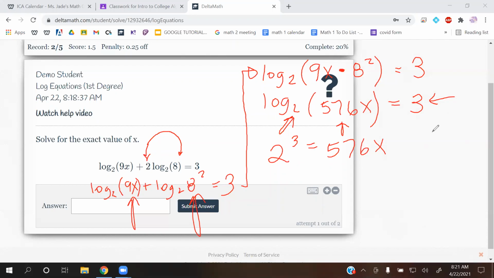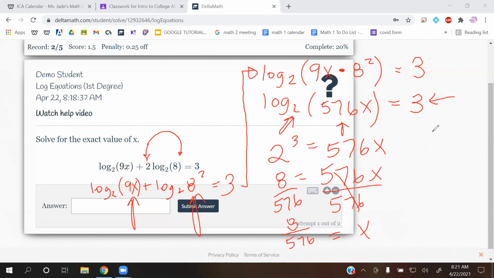And then what is 2 to the power 3? That's 8, is equal to 576x. And then you just divide by 576 on both sides. And then those cancel out. We get x is equal to 8 over 576.